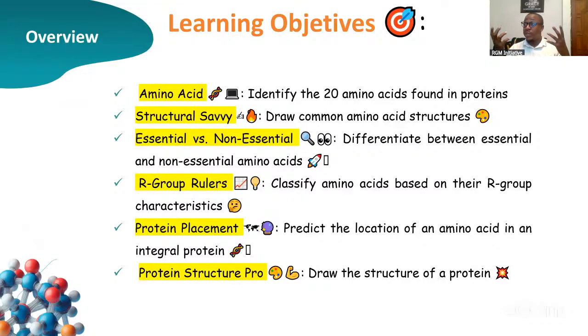What makes them essential and what makes them non-essential? The R group rules, which are actually used to classify the amino acids based on their characteristics.